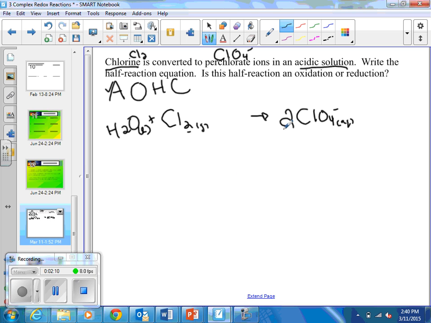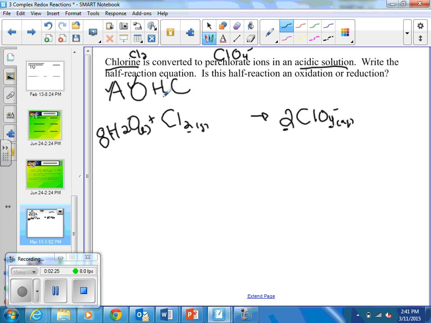Actually, sorry, in this case we'd have 8 because the 2 times 4 gives us a total of 8 oxygens. So I would need a total of 8 waters over here since each water contains 1 oxygen. So now we finish this step.